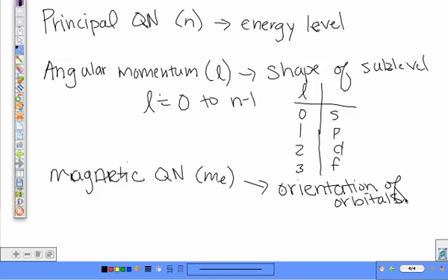So ML can equal what? It goes from negative L to positive L, including 0.